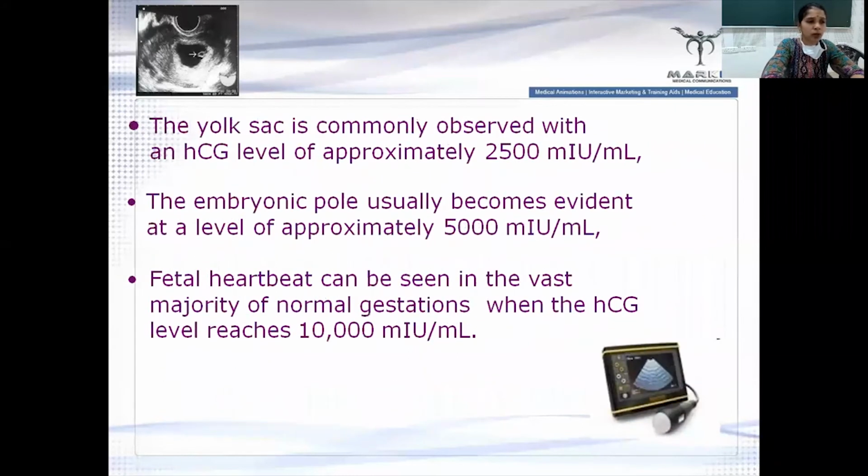The yolk sac is commonly observed with an HCG level of approximately 2500. The embryonic pole usually becomes evident at approximately 5000. Fetal heartbeat can be seen in the vast majority of normal gestations when the HCG level reaches 10,000 milli-international units per ml.